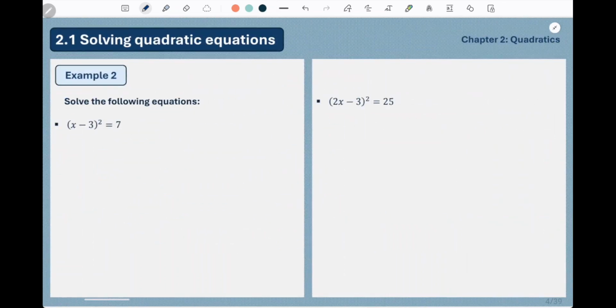Okay, now we're gonna move on to example 2, where it's still a quadratic equation, as you can see, because if you were to expand this one, the highest power is going to be 2, and you still can solve it.